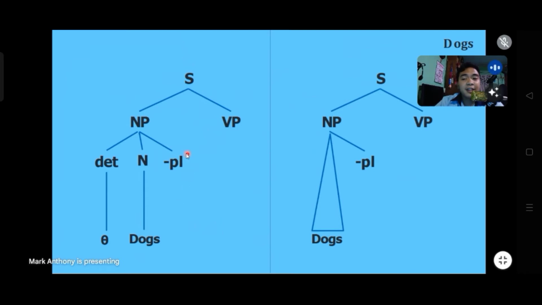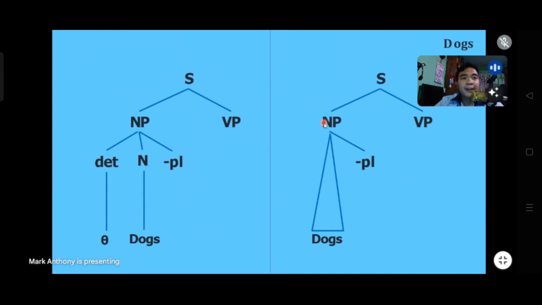The PL here means plural. On our next phrase structural tree, we can see that the determiner is removed since there is no determiner present in the sentence.